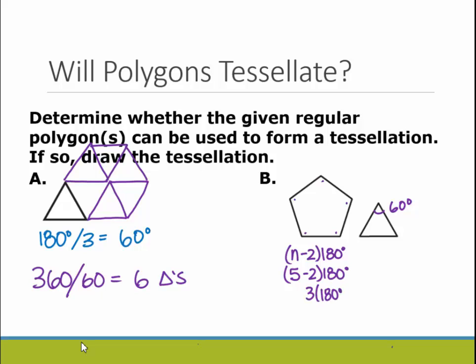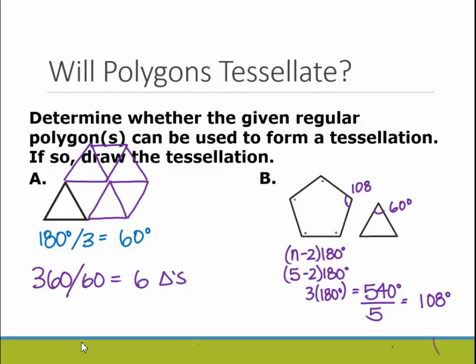And if I multiply 3 times 180, I end up with 540. And then if I divide that by 5, just like I did over here, that tells me that there are 108 degrees in each one of these angles. 108.